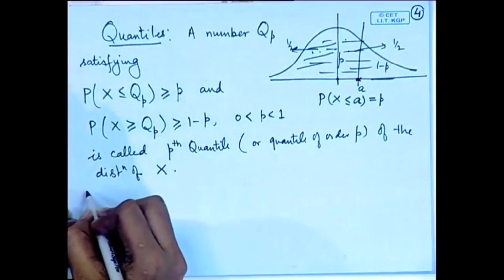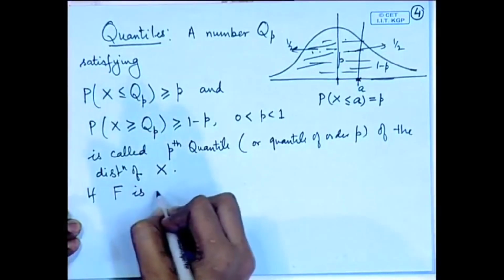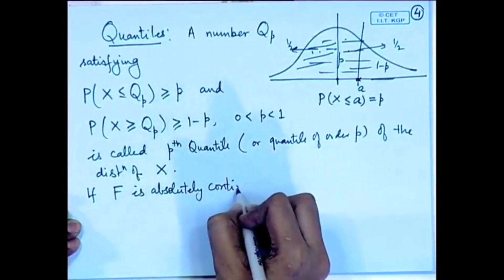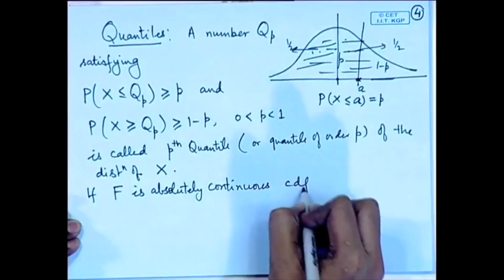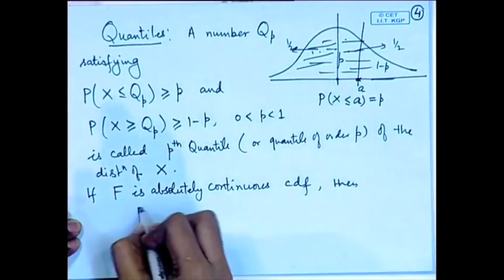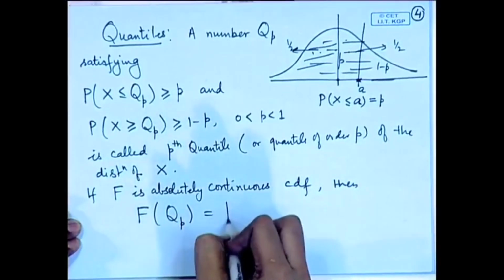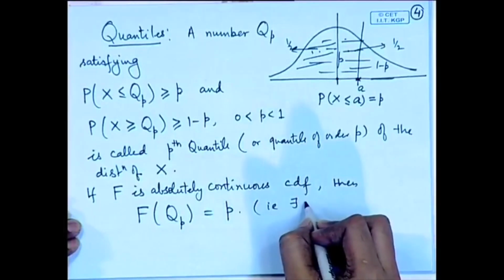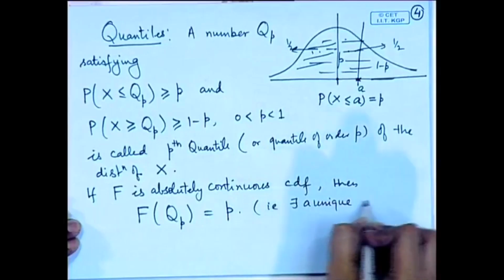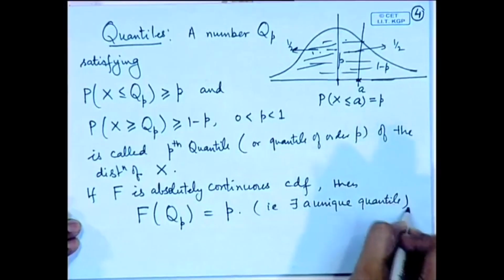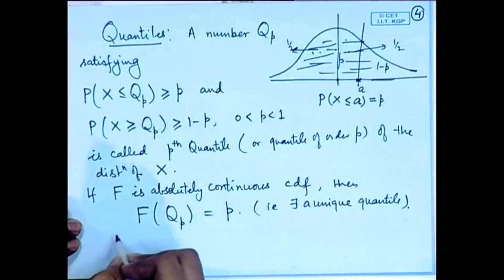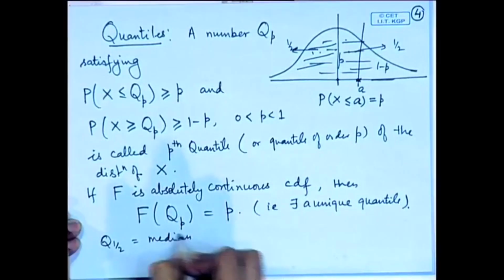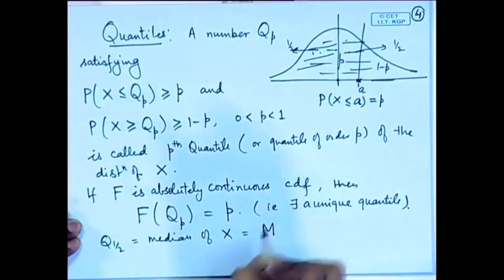So, obviously, if f is an absolutely continuous distribution function, then you will have f of q p is equal to p. That is, there will be a unique quantile. So, q half is called the median of x, we use a notation m.